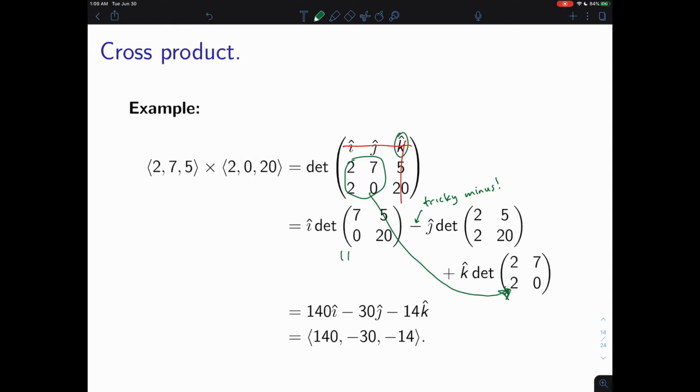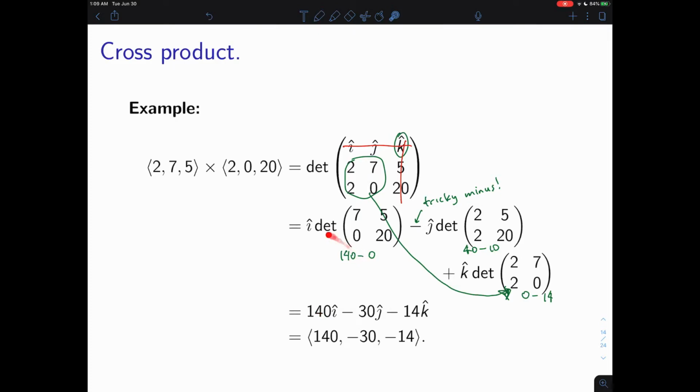So that's 7 times 20, 140 minus 0. In this one, I've got 2 times 20 minus 2 times 5, so it would be 40 minus 10. And in our last matrix with the K, I'm doing 2 times 0, main diagonal, minus 7 times 2, the opposite diagonal. So 0 minus 14.